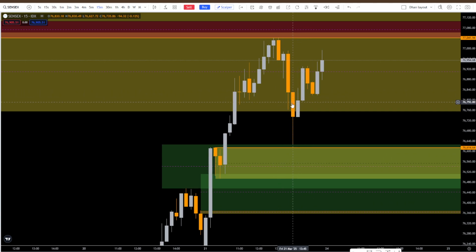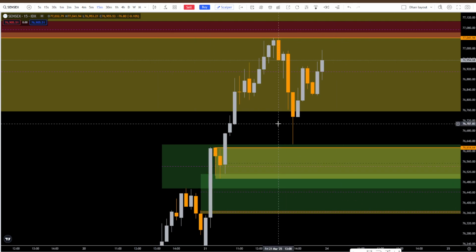But why market stopped here is something, अगर आप लोग fair value gaps नहीं mark कर रहे हो and the order blocks, then you'll never know कि what was the reason market यहाँ पे आई थी, right?